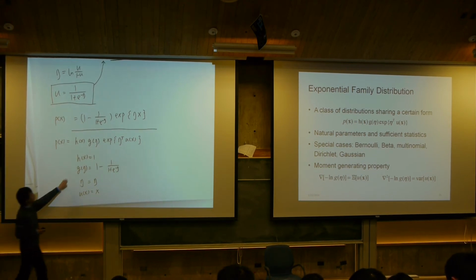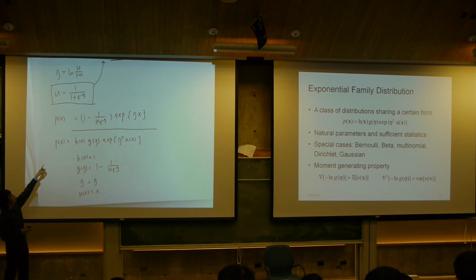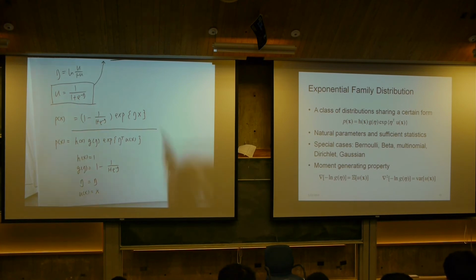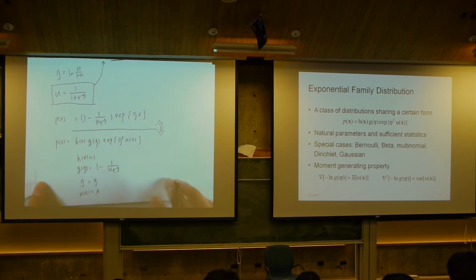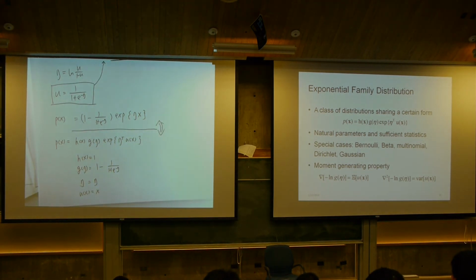By following these 4 definitions here, we show that these 2 equations are the same, right? That is to say, we can write the mass function of the Bernoulli distribution into the canonical form of the exponential family distribution.